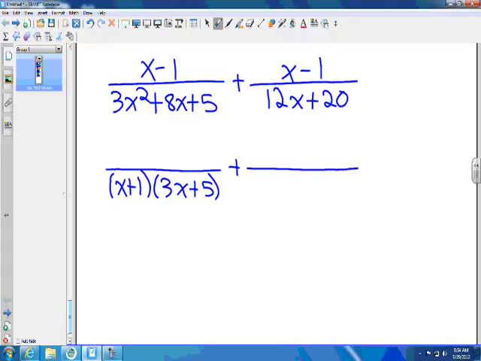Common term on the next one. Take a 4 out. What's left? 3x plus 5.